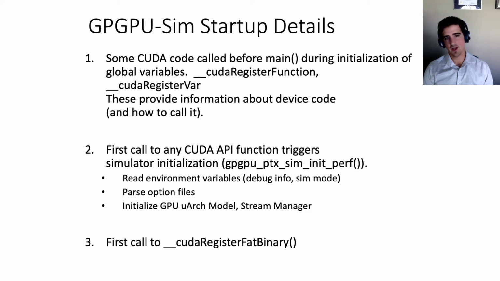So there's some code that actually ends up getting called before main happens. For example, there's this thing called CUDA register function and CUDA register variable. These functions get called by the API before main even starts running in the CPU program. And why do these get called?